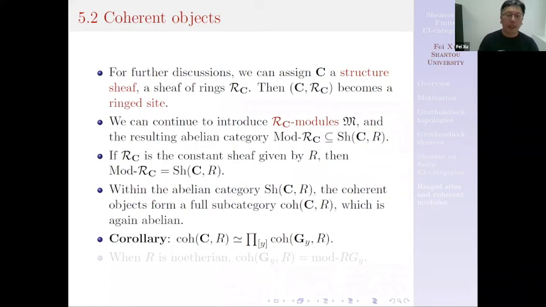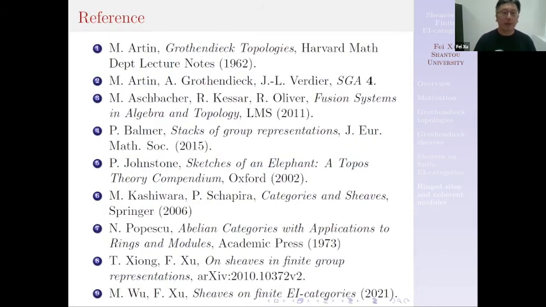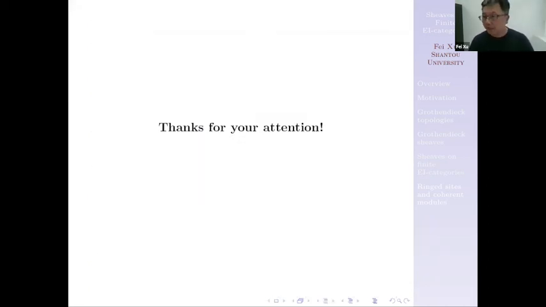And in this case, if R is Noetherian, then we can identify whatever is on the right-hand side with the category of finitely generated group modules. Yeah, this is what I wanted to tell you, and here are some references that you probably need to understand the definitions, the constructions, and topos theory. And yeah, thank you.